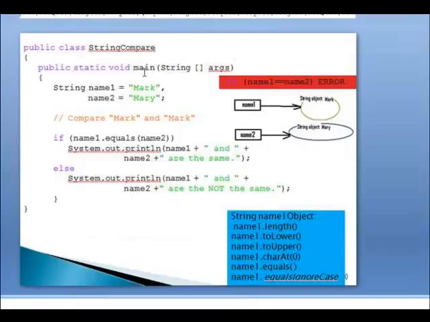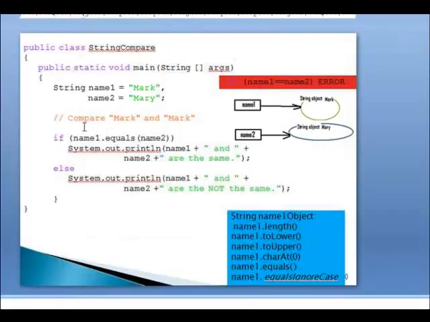I have a string name1, Mark, and a string name2, Mary. Name1 is pointing to a string object Mark, which has a field containing the word Mark. And name2 is the address pointing to a string object which contains the word Mary.